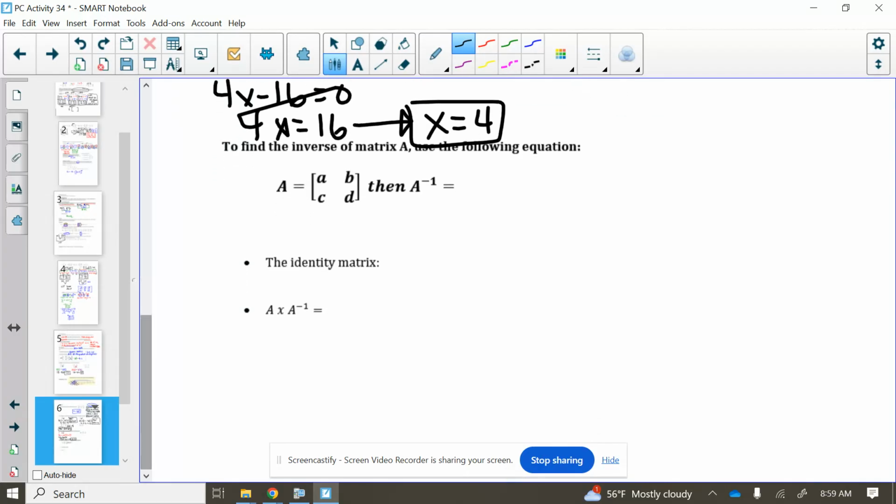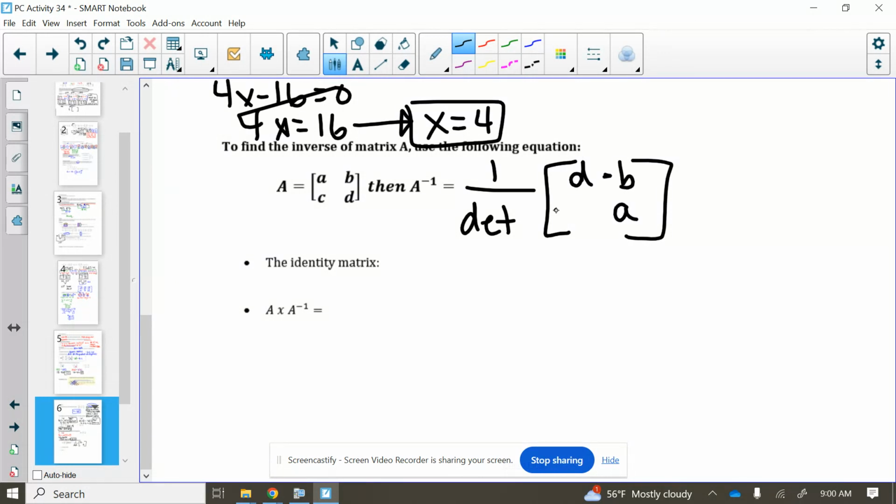All right, now if we find out our inverse does in fact exist for our matrix, then to actually find it, you're going to take 1 over the determinant value, and then you are going to flip A and D's location, and then just change the signs of B and C. Now, what is a matrix inverse's purpose? Basically, when a matrix is multiplied by its inverse, it undoes it and creates the identity matrix.